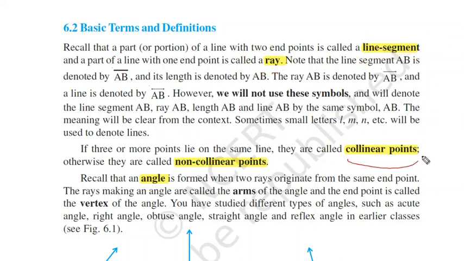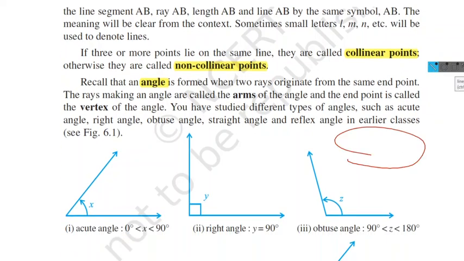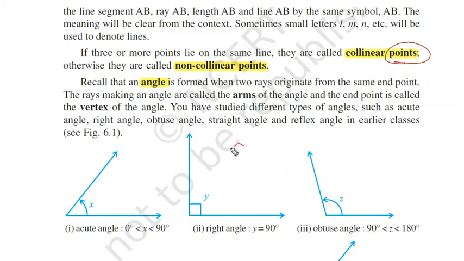Then we will move to collinear points. These are some basic fundamental things that you need to know. What are collinear points? First of all, points are involved here. We'll take some points: point A, point B, point C, point D. Now if you draw a line from A to B, there will be a straight line.